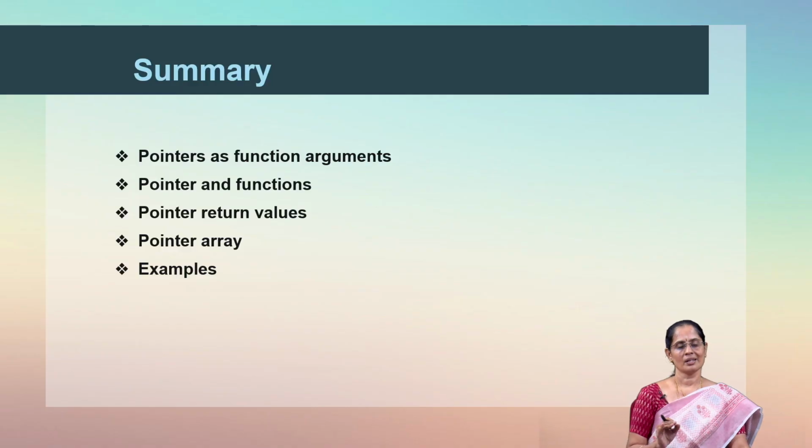Summarizing this session, we have learned about passing pointers as function arguments, and by doing so we can avoid using a third or temporary variable while swapping, and we have seen examples related to it. We have also learnt about pointers and functions, how to make use of pointers to functions and how to have pointers as return values.